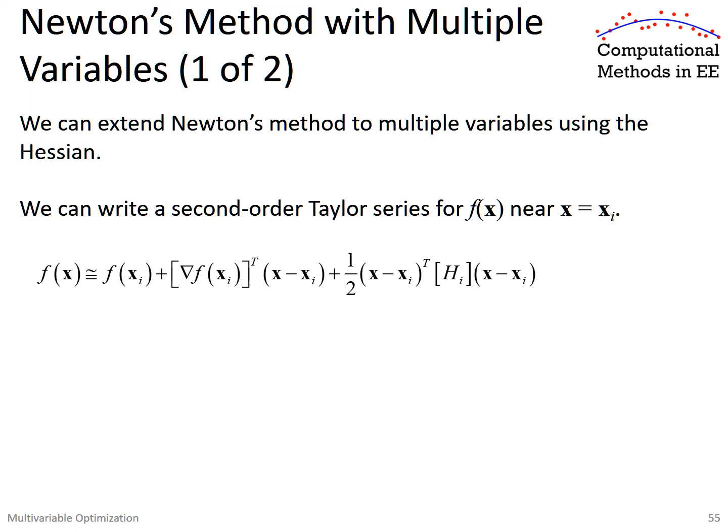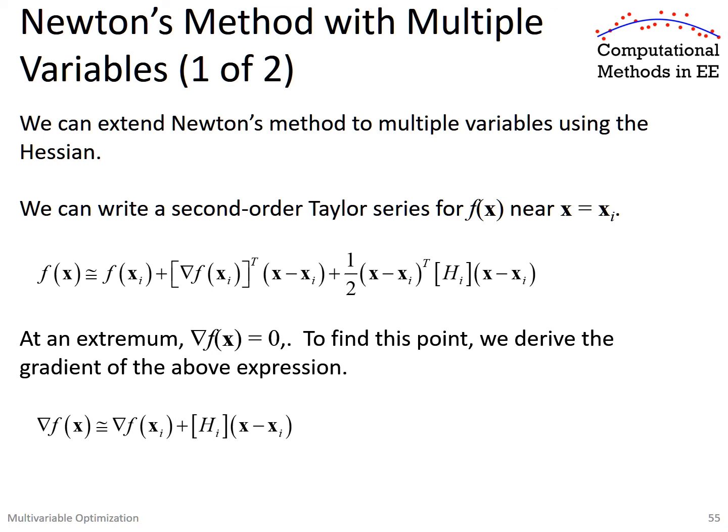We are estimating our function value at x based on known numbers at some other position, which we're just calling xi. And so we could essentially do all this math at our position xi and get an idea of what the function is valued at x based on what happens at xi. So that's the Taylor series.